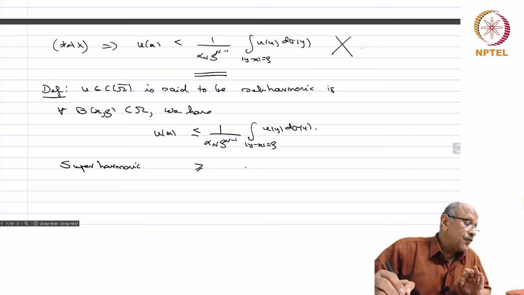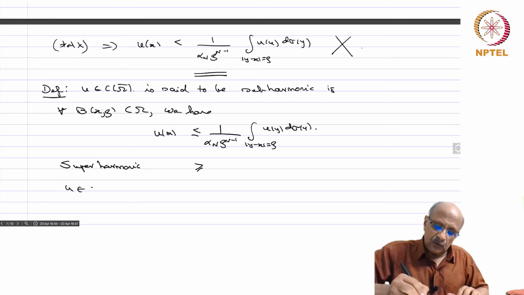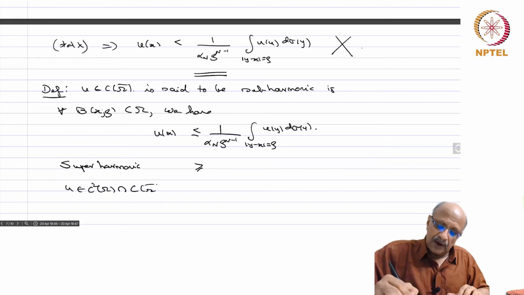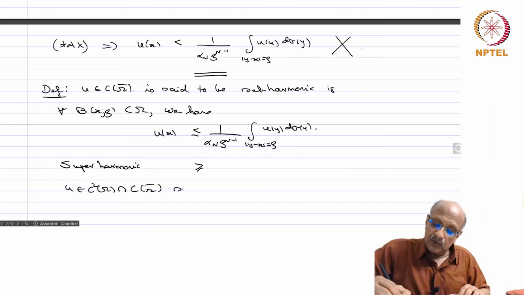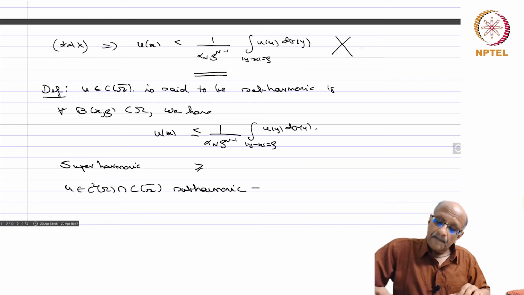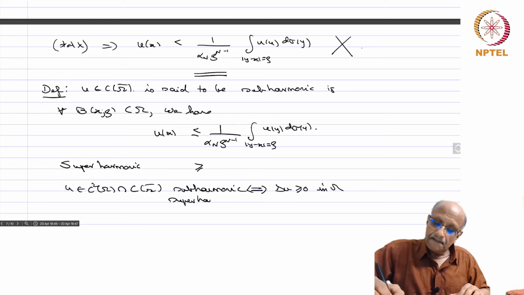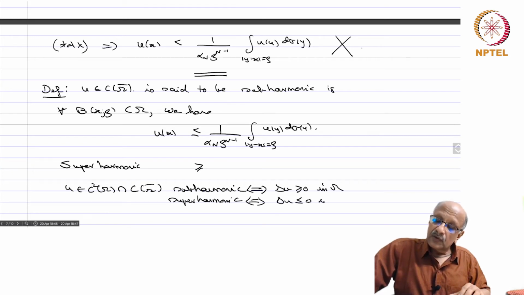So if you have u in C2(Omega) intersection C(Omega bar), then it is sub-harmonic if and only if delta u is greater than or equal to 0 in Omega, and super-harmonic if and only if delta u is less than or equal to 0 in Omega.